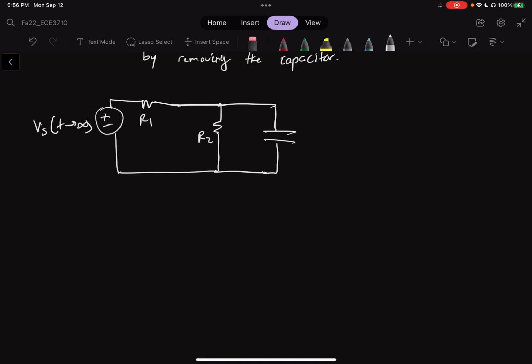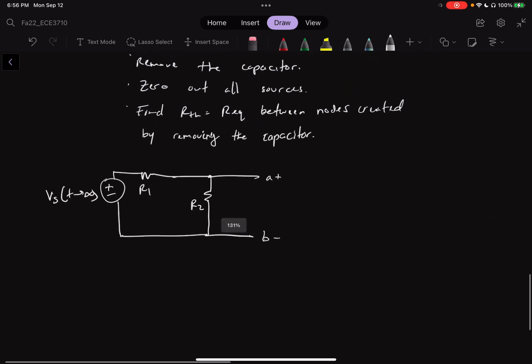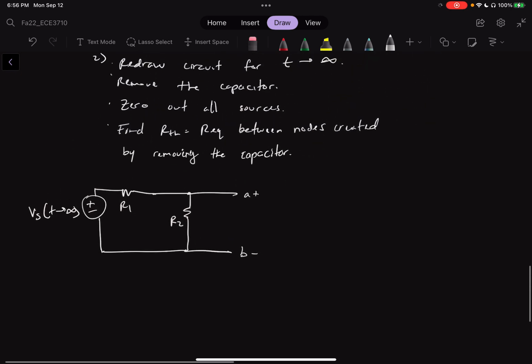This would have been the circuit, but we have to remove the capacitor. So this is called A plus, and B minus. We need to zero out our sources. So I'm going to remove the battery and replace it with a wire.